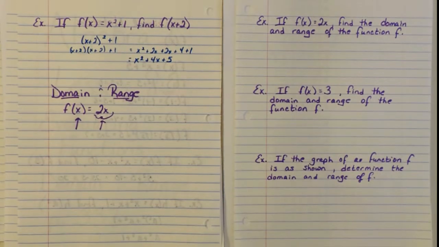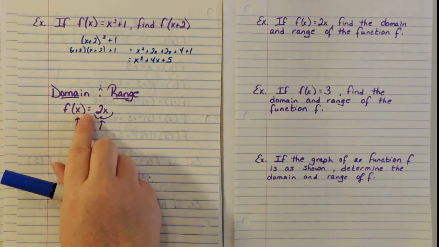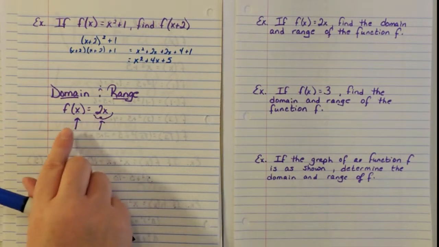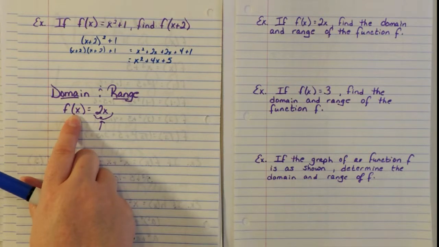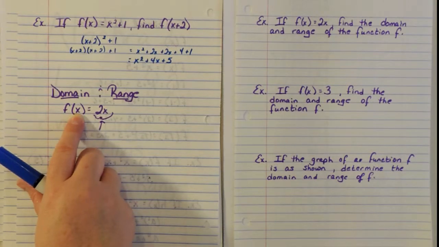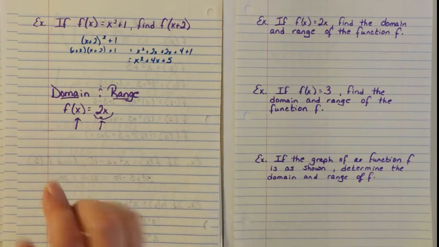Okay, when we have a function like f of x, or the function of x equals 2x, the set of acceptable x values, or we can call it the set of inputs, the numbers that we are going to put into this x, this is called the domain.